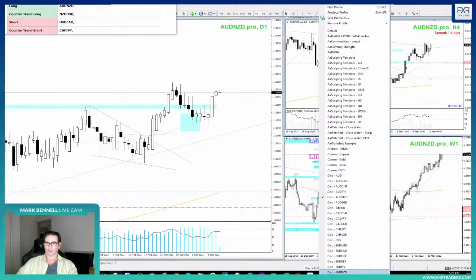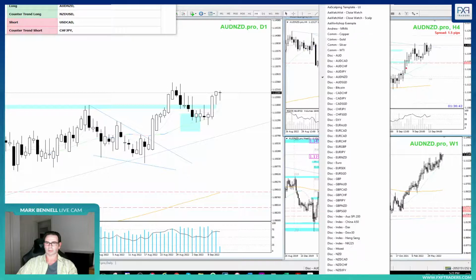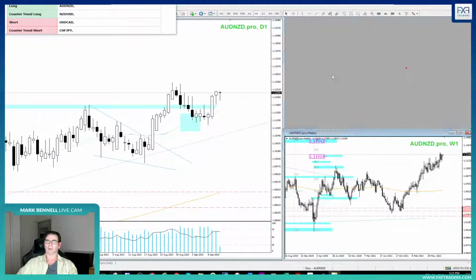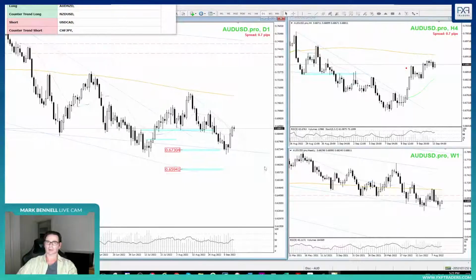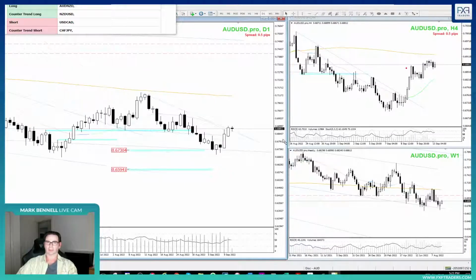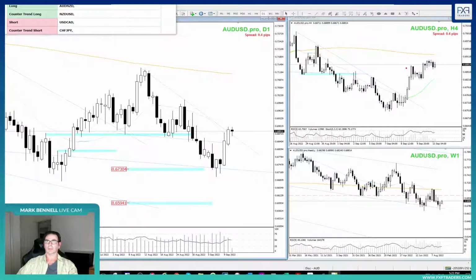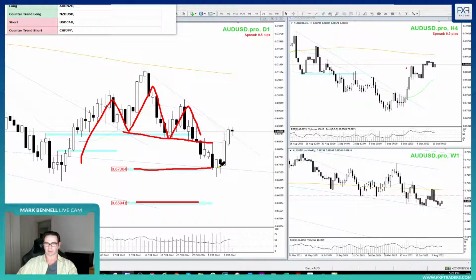Okay, New Zealand long. Show the Aussie first. So the Aussie's reasonably strong. Remember this head and shoulders? I did the 50% target and 100%. Notice the 50 is hit more often.